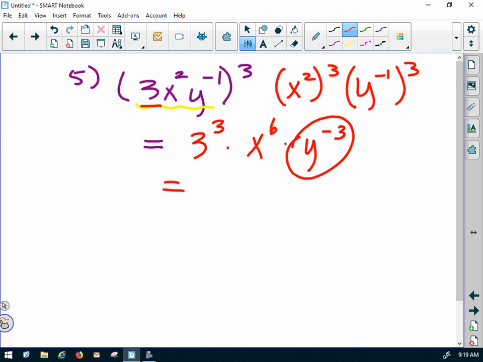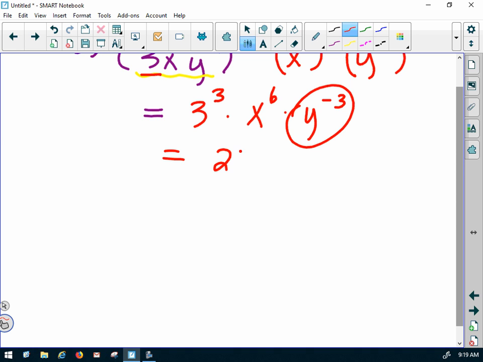This is 27. He wasn't mad because his exponent was positive. Is the x mad? No, his exponent's positive, so it's 27x to the 6th. Is y mad? Yeah, he's stomping off, going to the basement, and becoming happy down there because his exponent becomes positive.